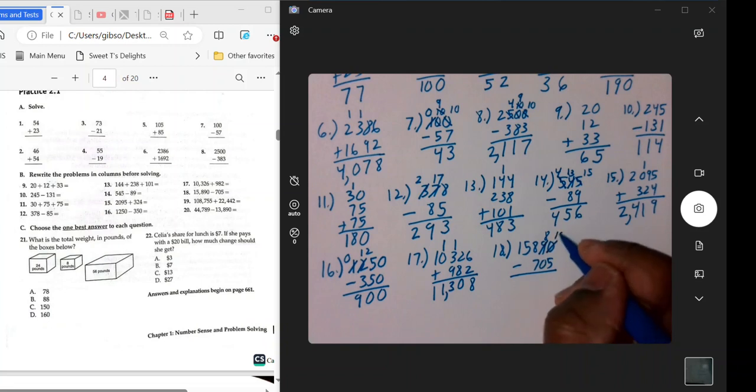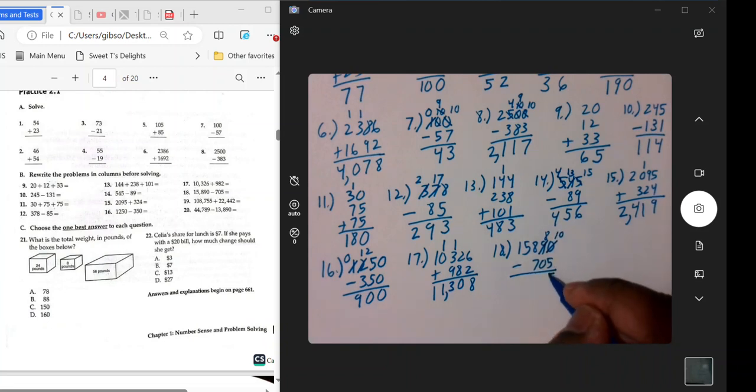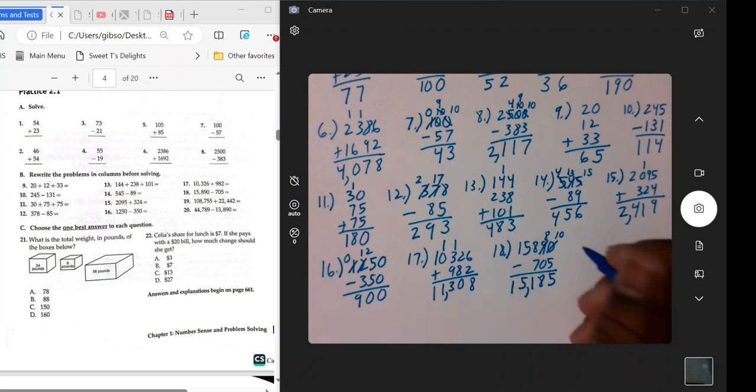And this 0 becomes 10. 10 minus 5 is 5. 8 minus 0 is 8. 8 minus 7 is 1. And 5 minus 0 is 5. And 1 minus 0 is 1. So it's 15,185. Now we come to problem 19.